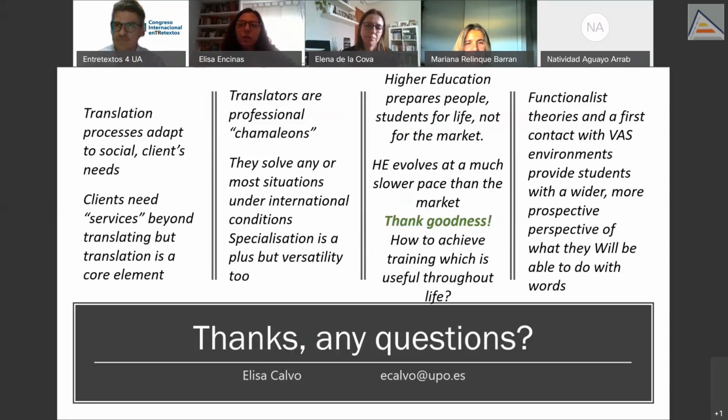So functionalist theories and a first contact with value-added services environments, in my opinion, provide students with a much wider perspective of what they will be able to do with words in their careers, in their future as language professionals.